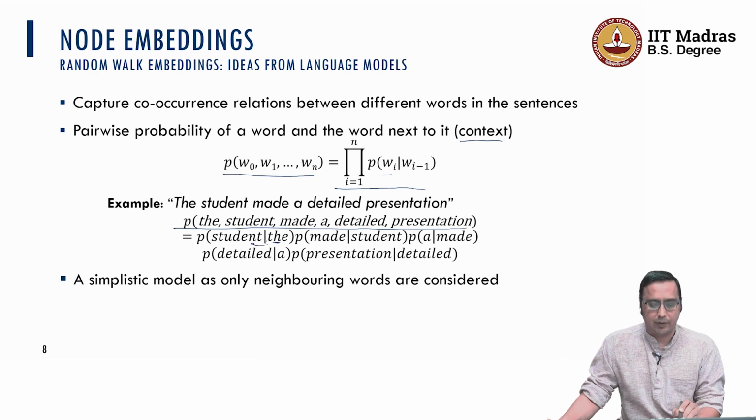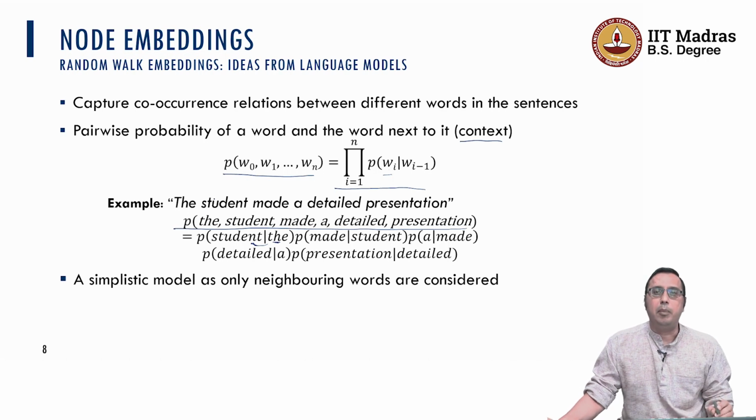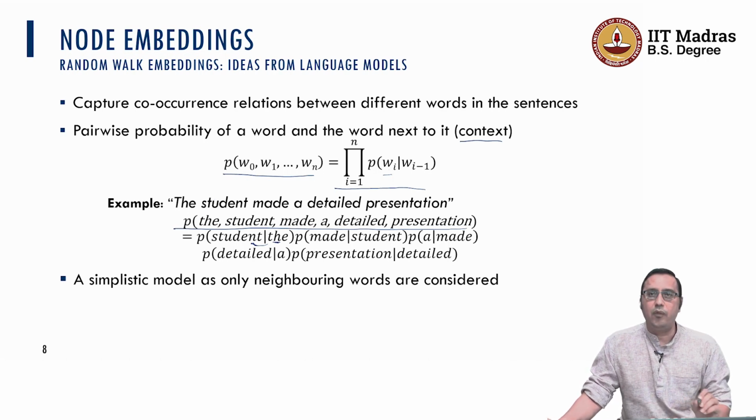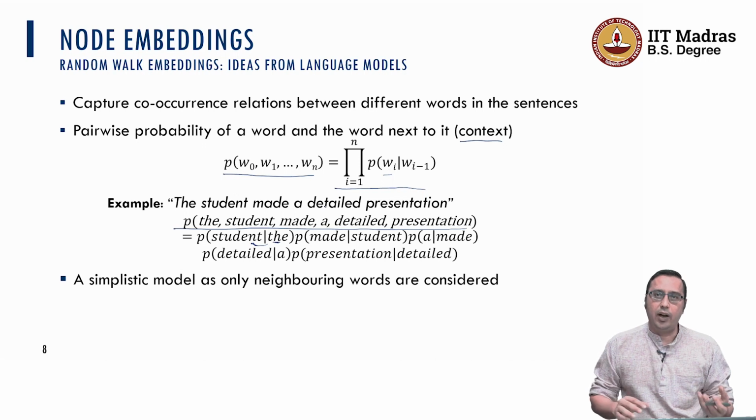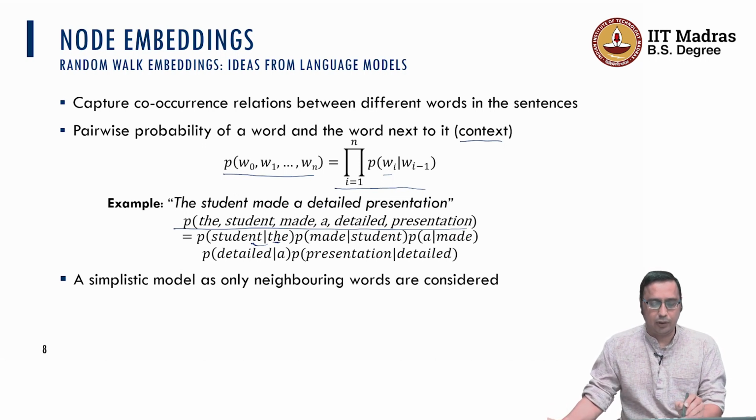So probability of student given the, probability of made given student, probability of a given made, probability of detailed given a, probability of presentation given detailed. And if I can find this probability, I can get the probability of my sequence of words. So I have looked at the word and its context, which is the next word, and tried to determine the probability of a sequence of words.